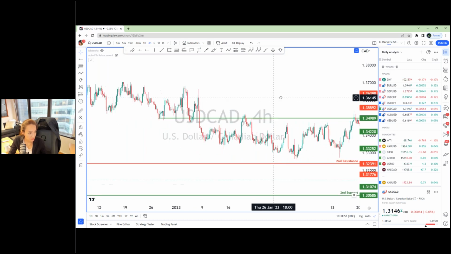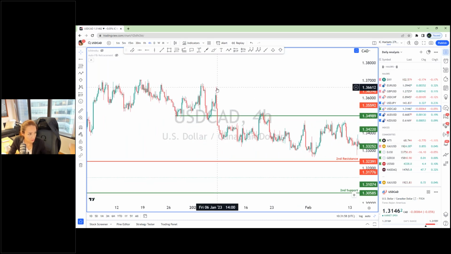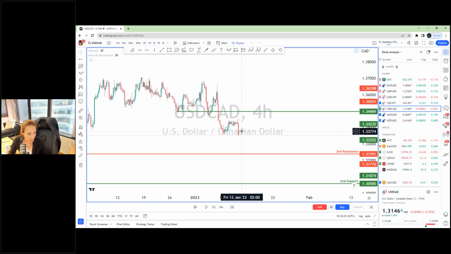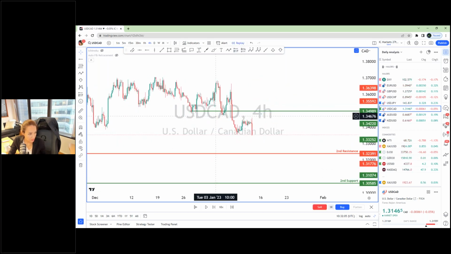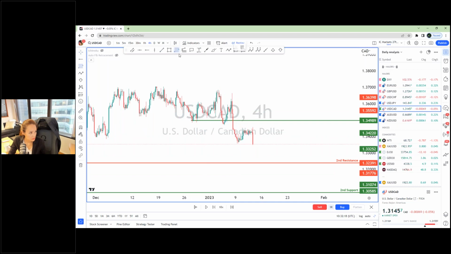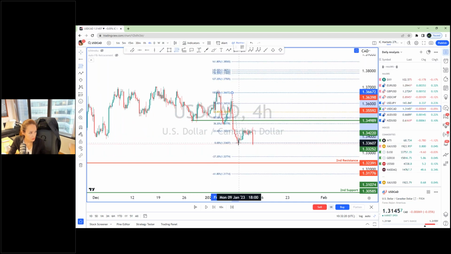Okay, if you were to draw from here, you know that price already broke your support, right? You can draw from here to here.